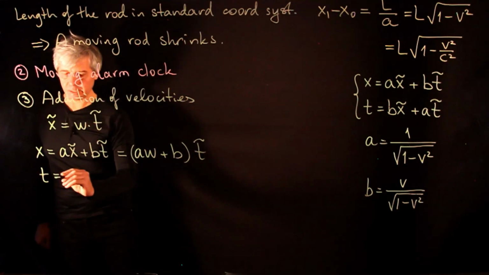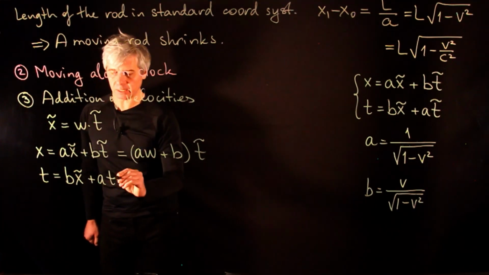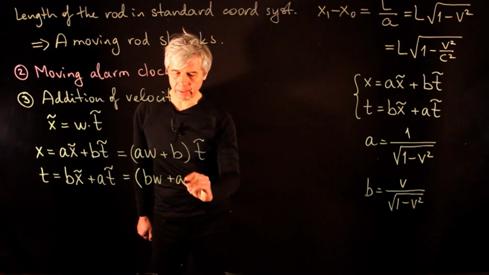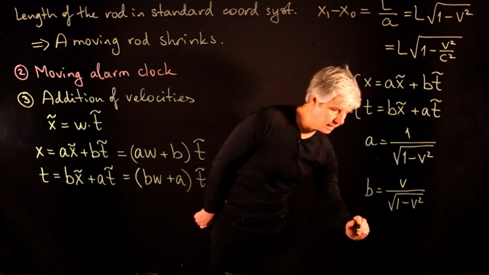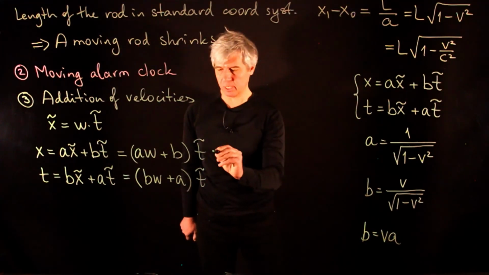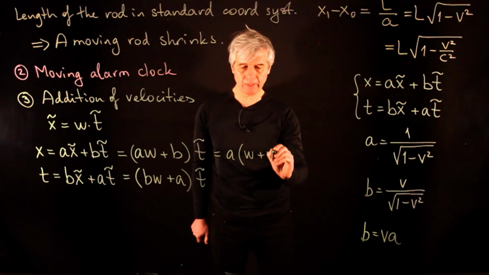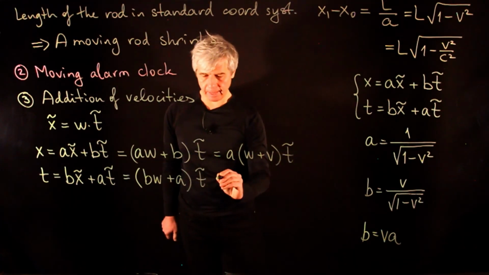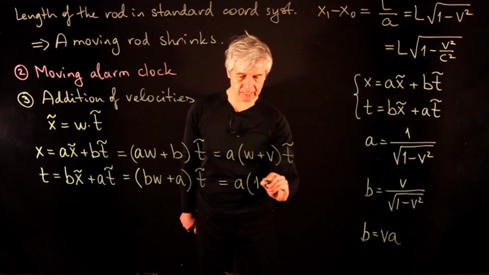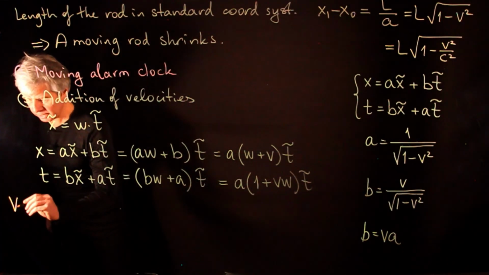And t is given by the expression b times x tilde plus a times t tilde, which is equal to (bw plus a) times t tilde. We also take into account the relation that b is equal to v times a. So then x becomes a times (w plus v) times t tilde, and t is a times (1 plus vw) times t tilde.